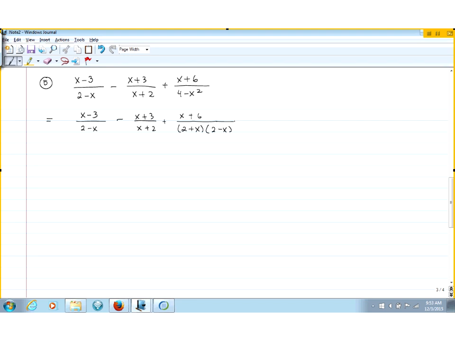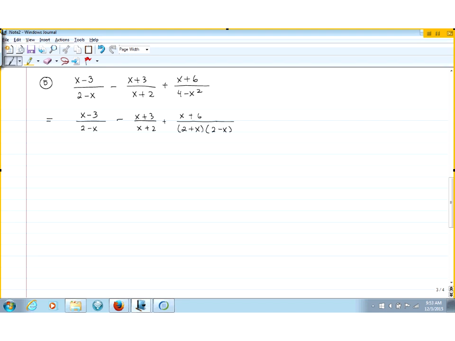Yes. Now I have 2 minus x also, so this is fine. They're not opposite, right? This is 2 minus x and this is 2 minus x.